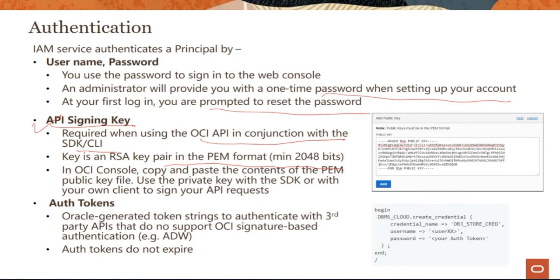For example, if you are using an autonomous data warehouse and you want to pull data from object storage, you would have to write this small piece of code so that your autonomous data warehouse can authenticate against object storage. You have a username here, and instead of the password, you provide your authentication token, which is provided by OCI. Now, one thing to keep in mind is that authentication tokens do not expire.